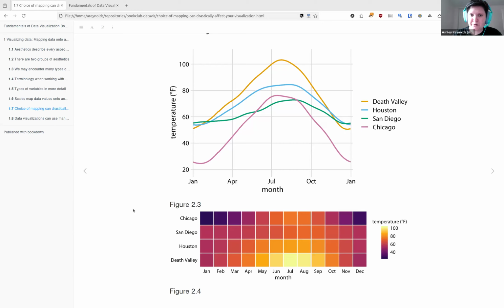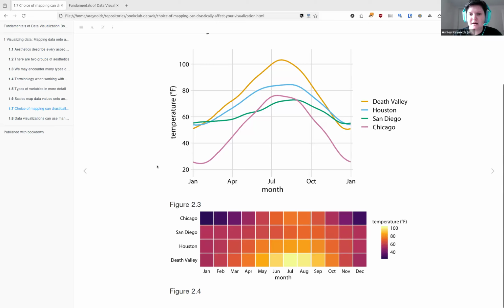They map temperature by month for different locations in the United States, but they are extremely different visually. Because of this, your choice of scale can really impact the interpretation that somebody will get out of your visualization.